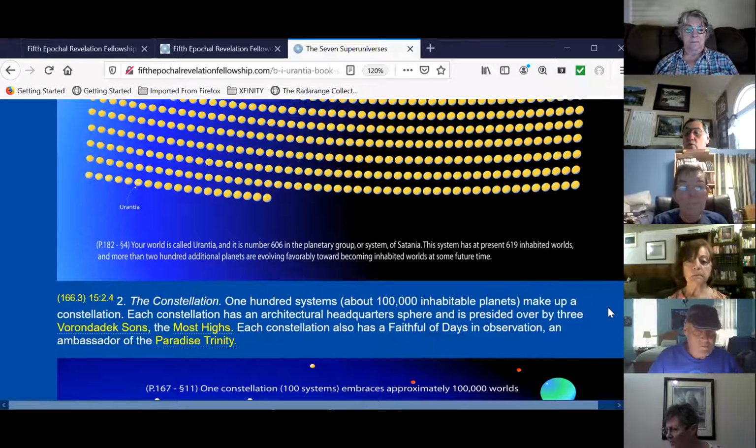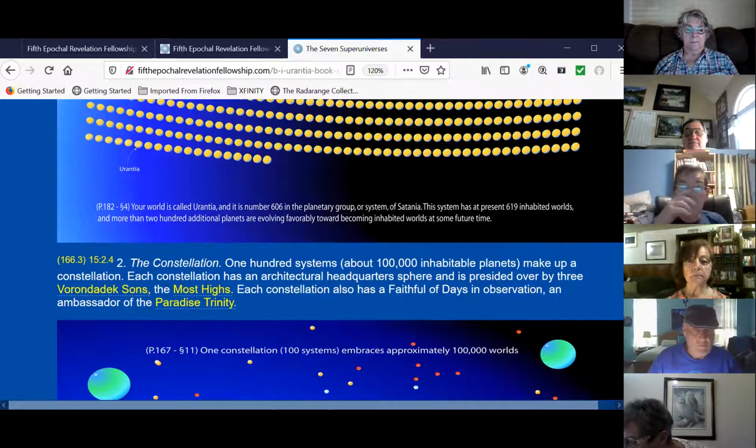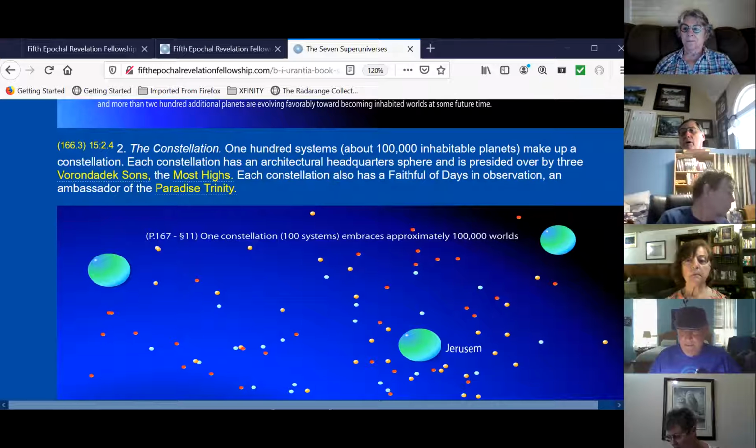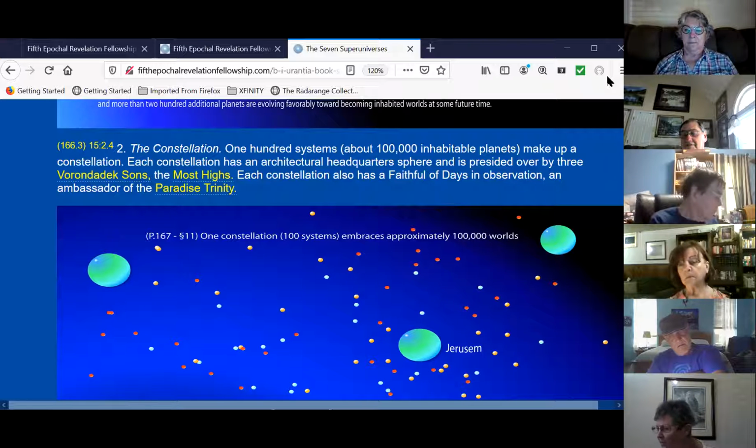That's our 1,000 worlds. Okay, and we're going to break this down into pretty long, drawn out places. So, Roger? Yes. I assume that means, being that we're 606 out of 619, that once we got Andon and Fonta, there were 13 worlds that followed behind us. Is it in order of when there's an intelligent being?